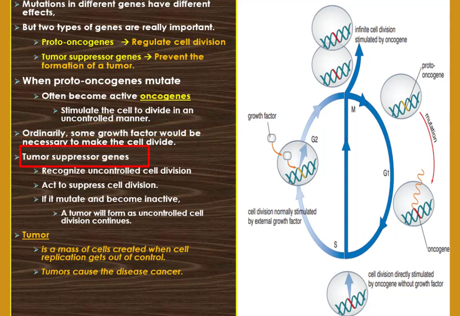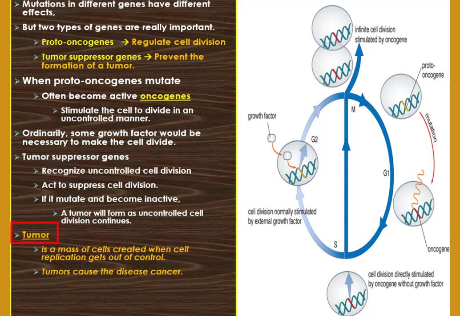We know that tumor suppressor genes recognize uncontrolled cell division and act to suppress it. If these tumor suppressor genes get mutated, they become inactive. In this case, a tumor will form due to uncontrolled cell division.